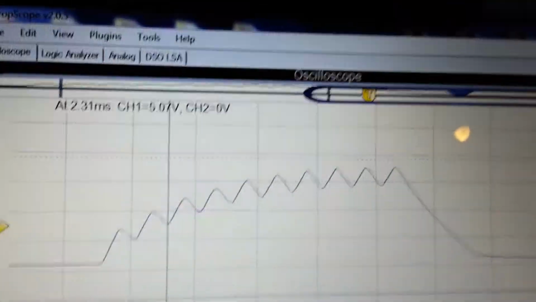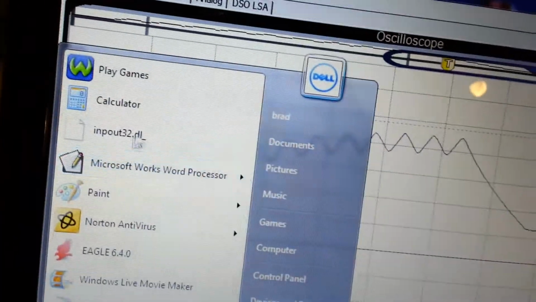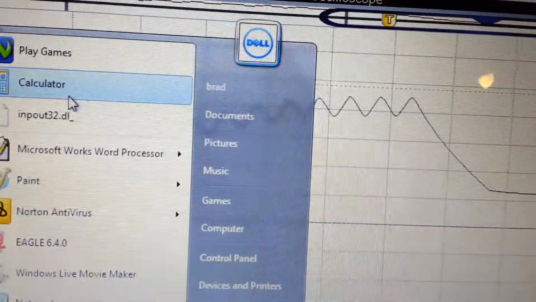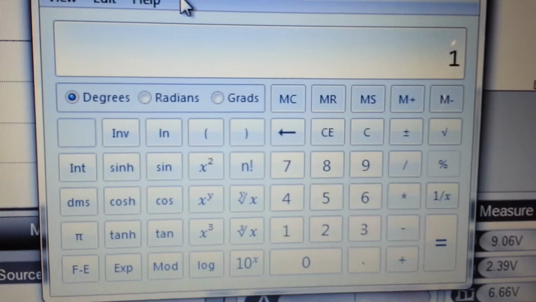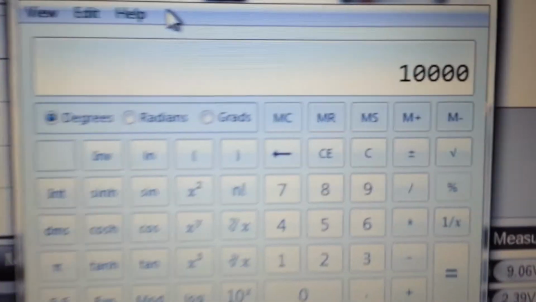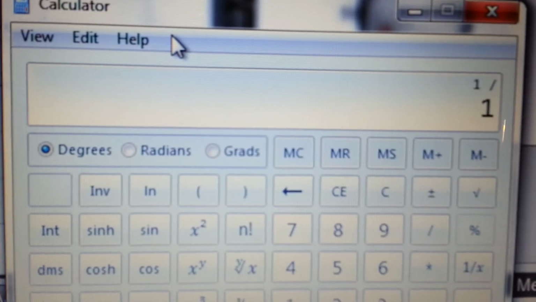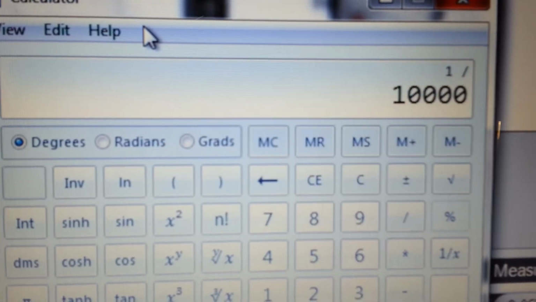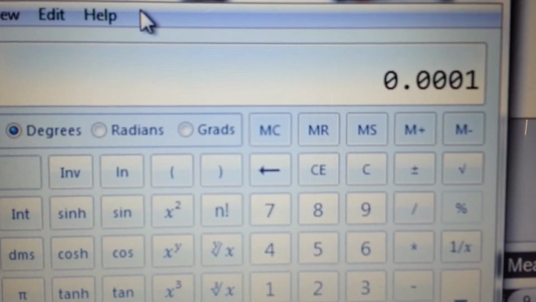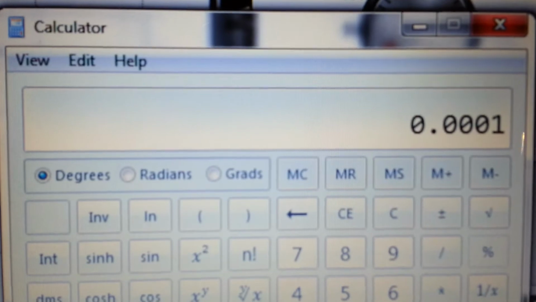Subtract 2.17 from 2.22 milliseconds, and you also get a pulse length of 5 microseconds. So when we have the two together, we get 100 microseconds, which is equal to 10 kilohertz. Now 10 kilohertz, again, is 100 microseconds, and that is at 100% duty cycle.